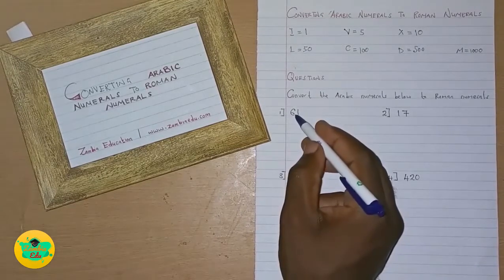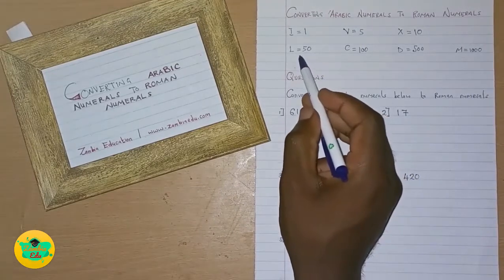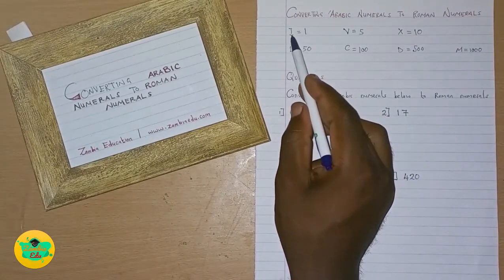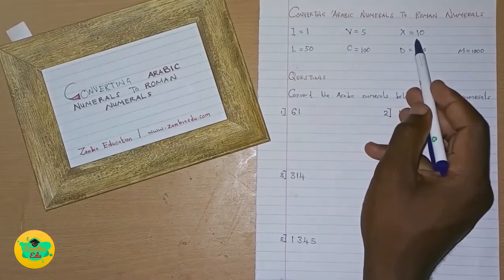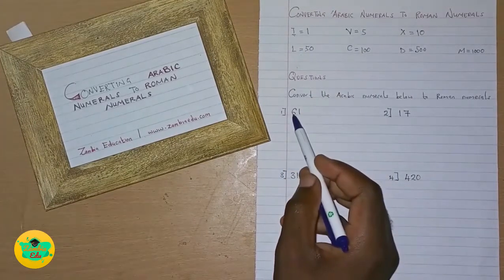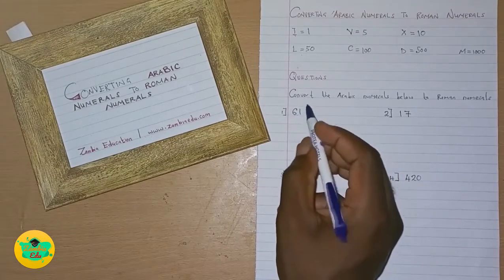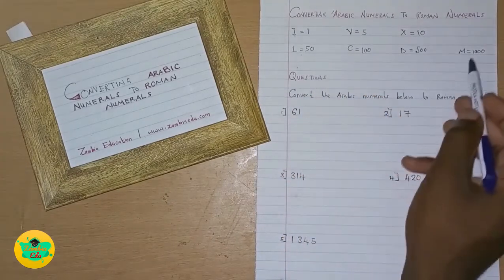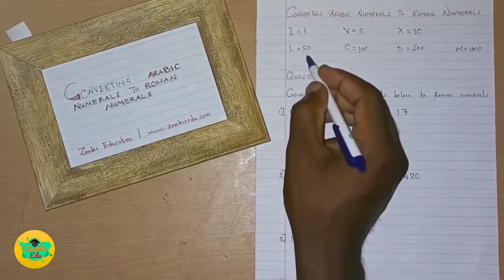So 61. If we look at our basic symbols, we have I is 1, V is 5, X is 10. Then we have L, 50. So how can we come up with a 60? Since we're using these basic symbols, we can get a 50 there.